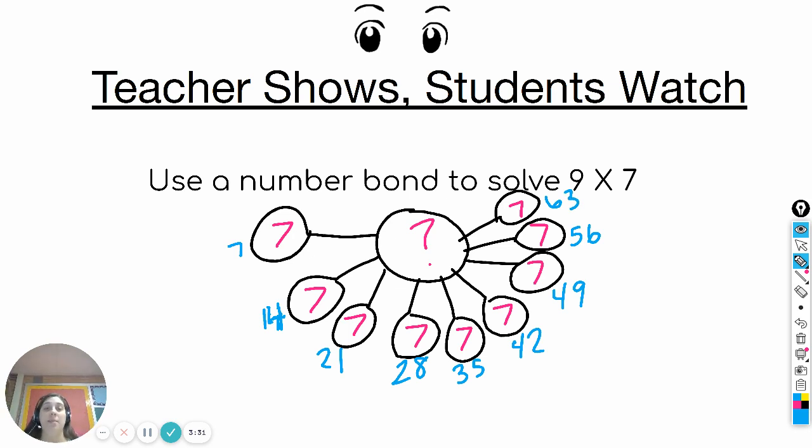So I used that number bond to help me solve 9 times 7, which is 63.